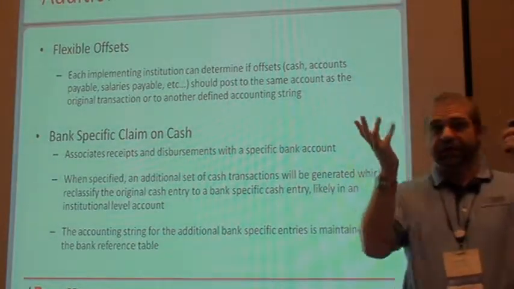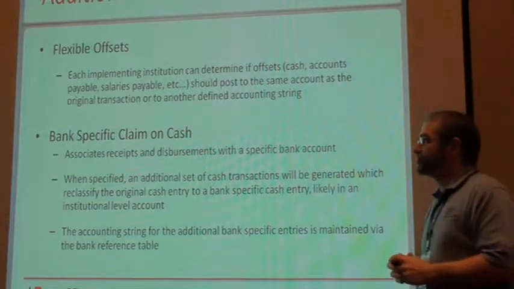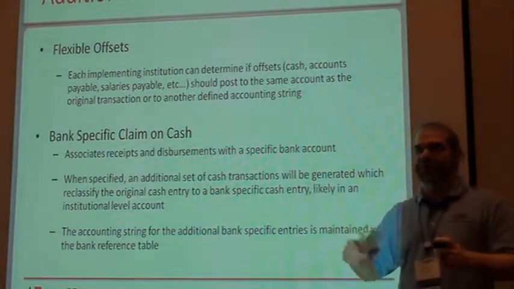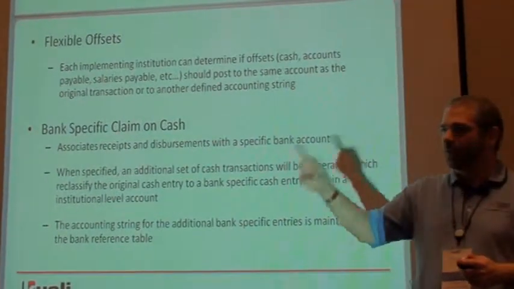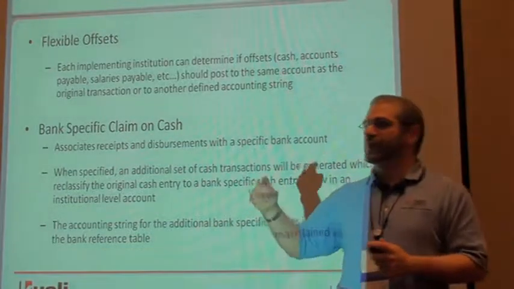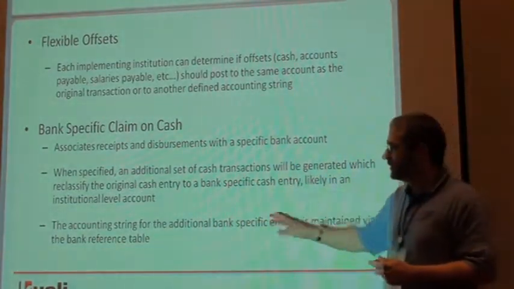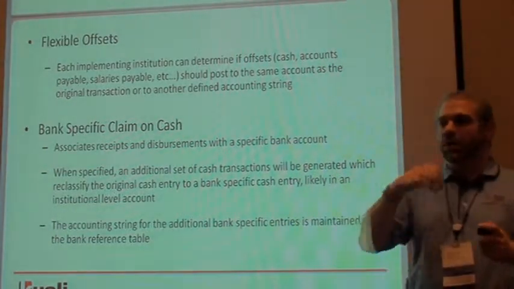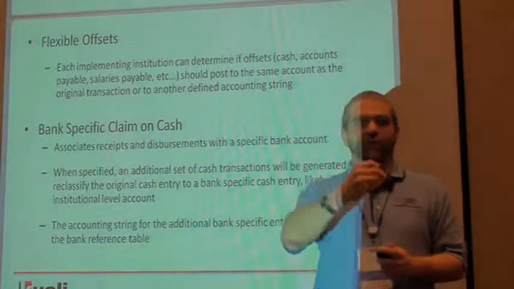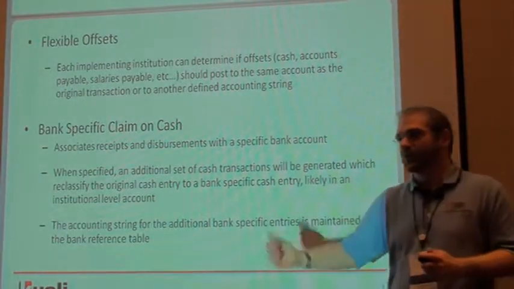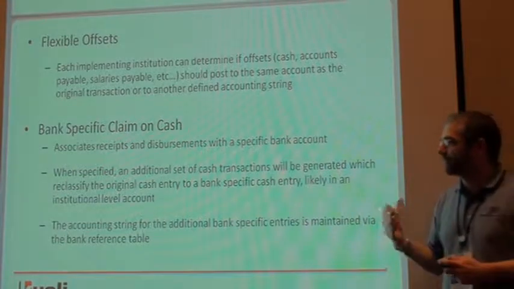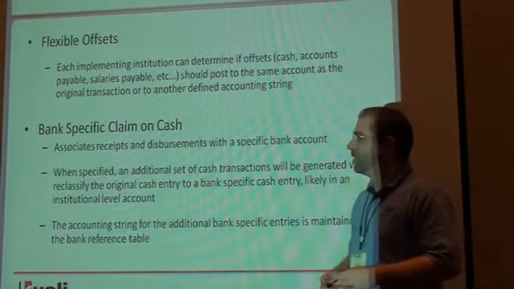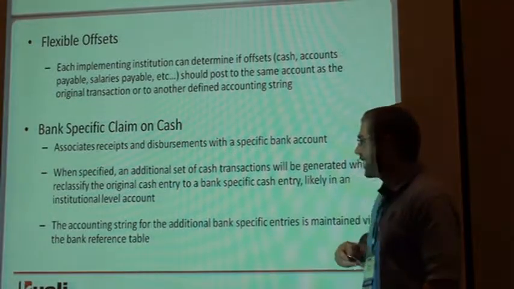You can set up as many bank codes as you want depending on what your banking situation is. When you set up that bank code, you can give it its own offset accounting string and say, any transactions that are hitting this bank, I want the offsetting entries to go to this account and this object code. For the institutions that want this, it makes reporting easier because they know all the entries in this account and this object code are for bank X and everything over here is for bank Y. For some folks, that's very important to be able to make that distinction, and it helps not to have it all mushed up in the same account.